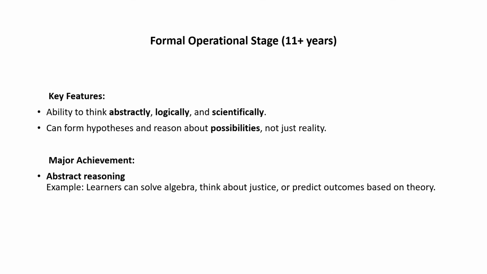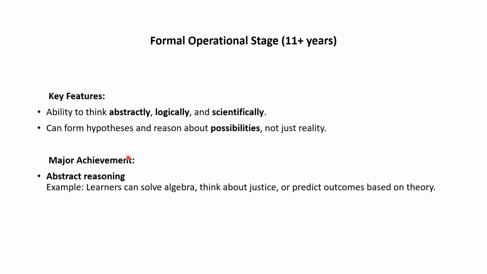This is the final stage of Jean Piaget, and it spans from 11 years and above. The key features here are the ability to think abstractly, logically, and scientifically. They can also form hypotheses and reason about possibilities, not just reality.